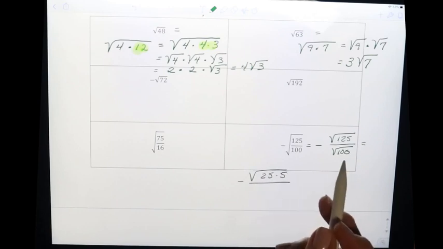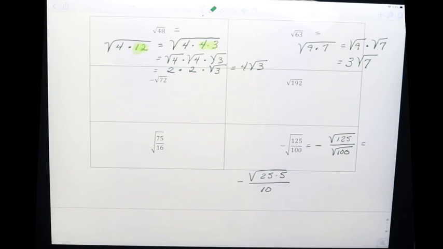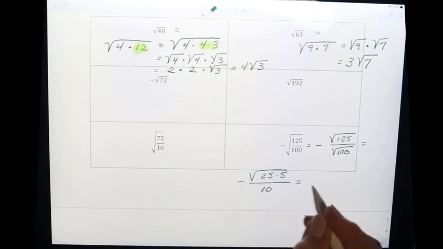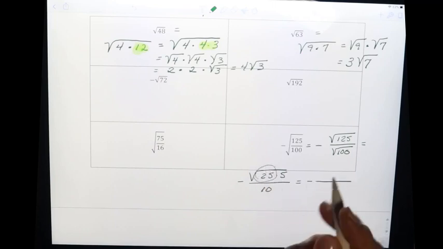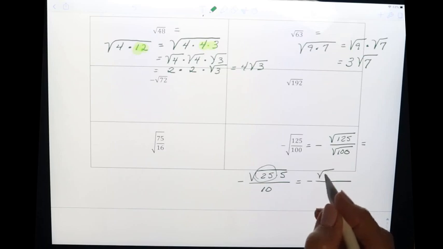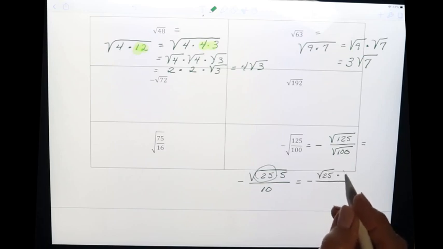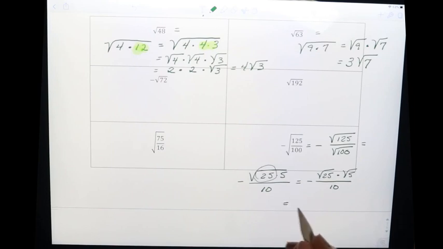And I'm going to go ahead and take the square root of 100. I know that that's 10, so I can go ahead and remove that radical. And then the square root of 25. Let's put that step in there where we separate this out. The square root of 25 is 5. The radical stays with the square root of 5, and then I have a 10.